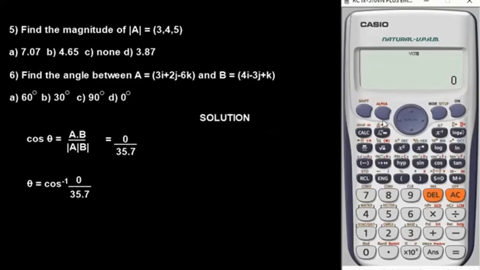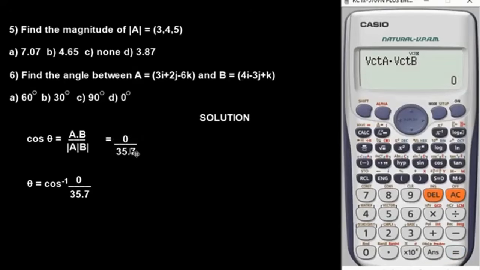So to do that, we press shift button 5, vector A, which is option 3, dot, shift button 5, dot is option 7, vector B, shift button 5. So vector B is option 4. Very, very simple. Let's now press equals. 0. So it gave us 0. So this value is correct.